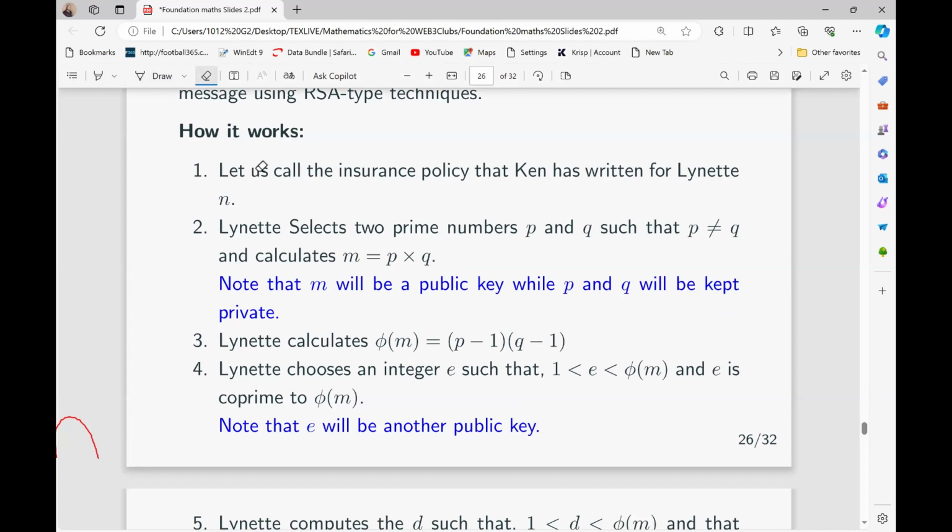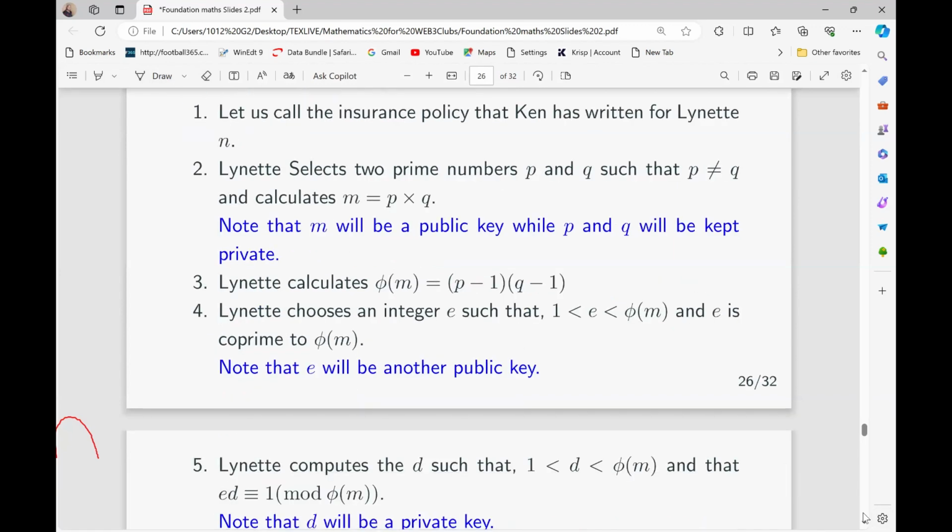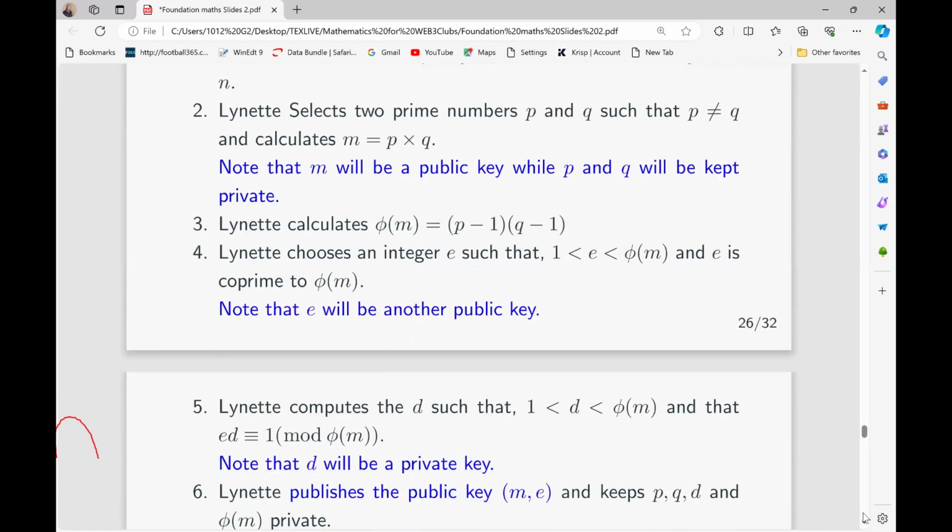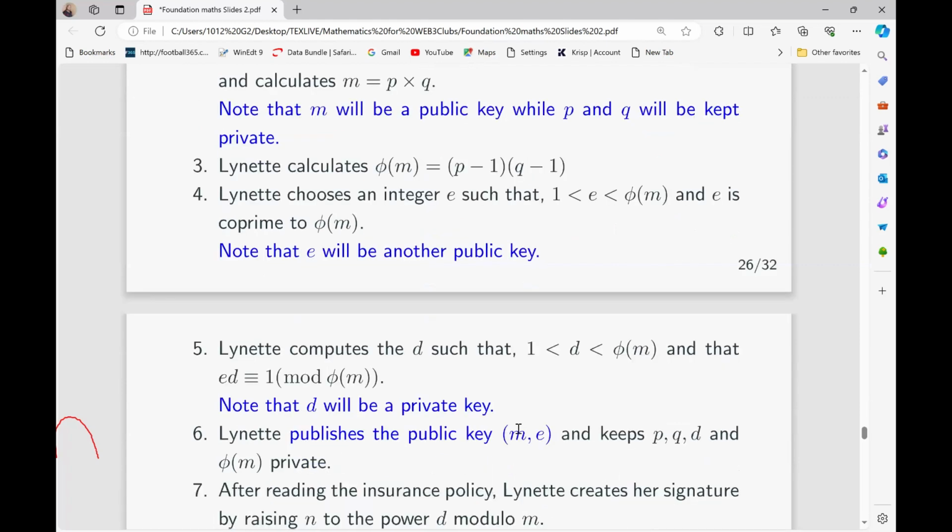She computes D, the inverse of E, then makes the two public ones public and keeps the private ones.